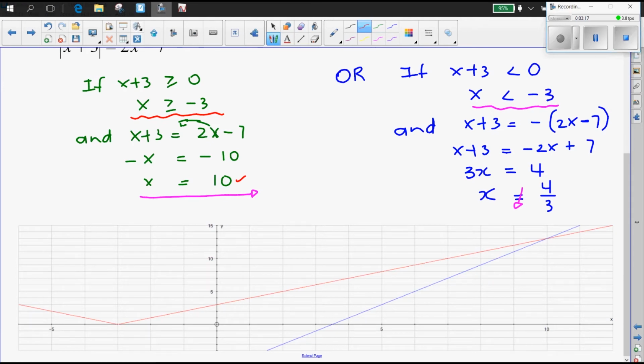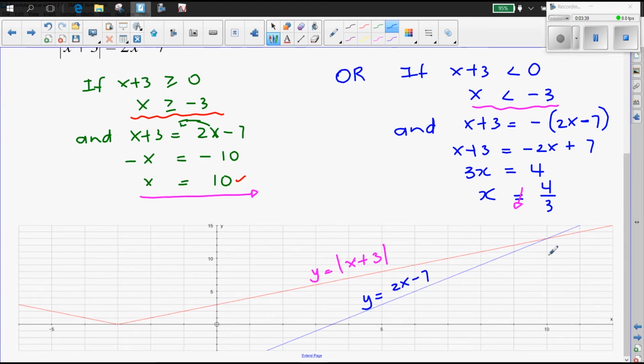I've also used a graphing program to sketch the graphs. The red graph is y equals the absolute value of x plus 3. The blue graph is y equals 2x minus 7.